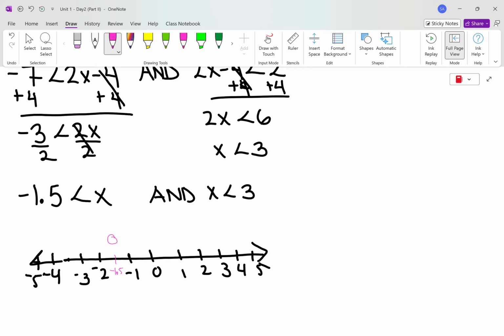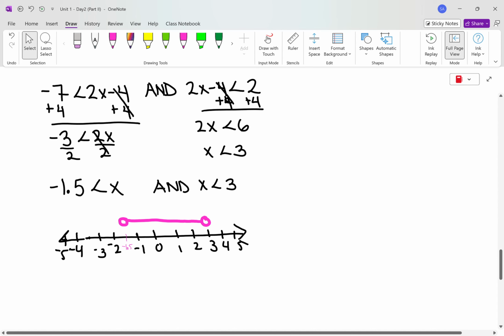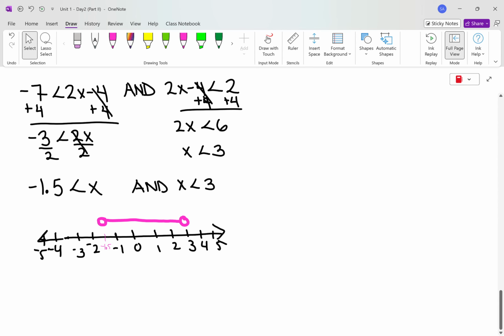So I have an open circle on negative 1.5, an open circle on 3, and we're right between those. All right, now I'm working my way to the other side. Everybody okay so far? Right, x is greater than negative 1.5, x is less than 3, and it's an and, so we're going together there.